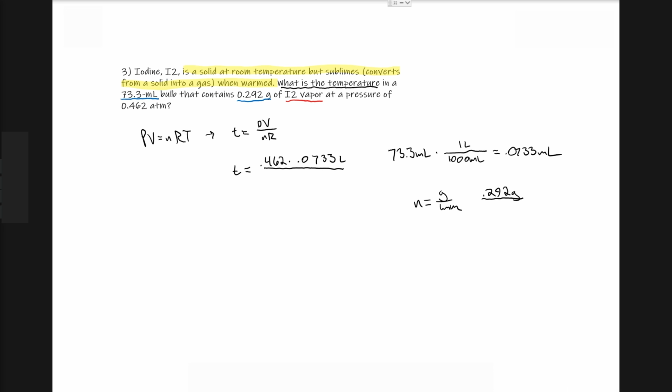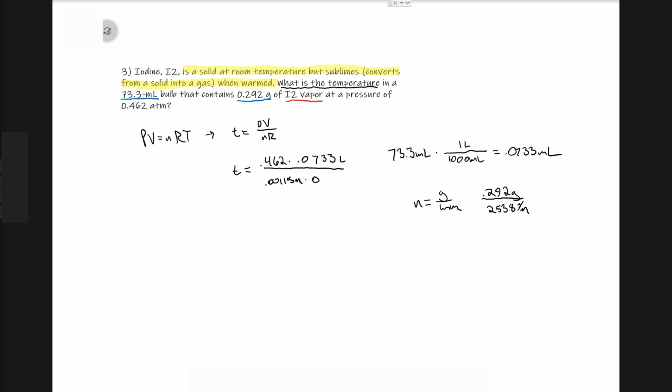And keep in mind that you need to use 2 equivalents of iodine because it is I2. And so when you do that conversion, what you should get is 253.8 grams per mole. And that'll be more or less depending upon what version of the periodic table you use. But I got that we have 0.00115 moles.